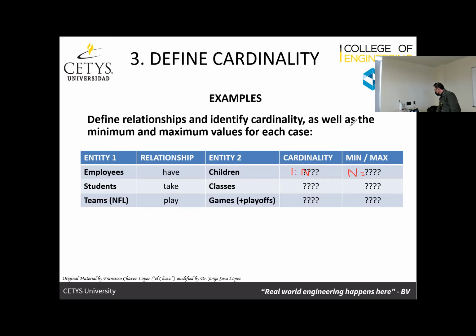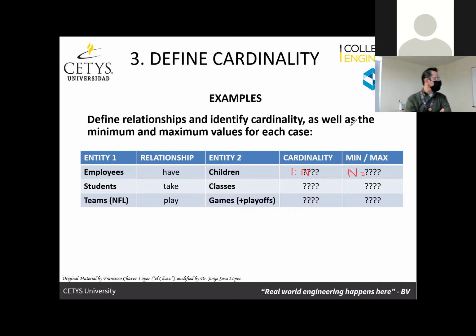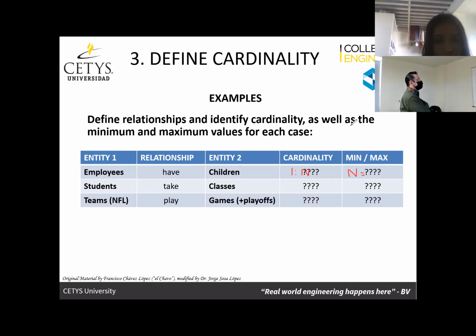So let's see. Aime, are you there? Could you please turn on your camera briefly? So Aime, if we're looking at the cardinality there of employees and children, and we say that it's a one-to-many relationship because an employee can have many children, now we look at the N, which is, how many children can an employee have?